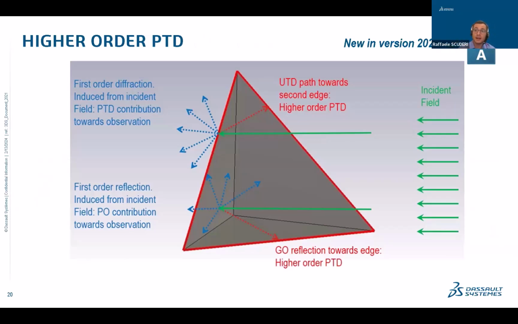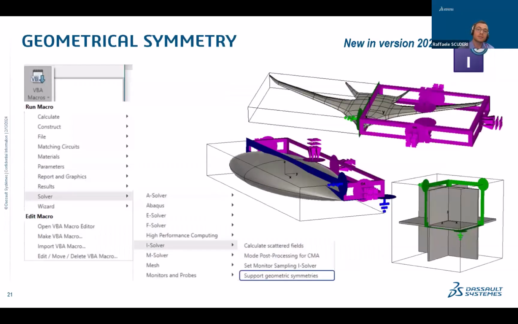PTD has always been there, but now what I'm talking about is also an improvement on the PTD, which is the higher order PTD, which means that besides the contribution from edges and wedges that are directly illuminated by a plane wave or by our electromagnetic source, we can also include the diffraction generated by rays reflected by the patches, for example, or diffracted by UTD rays. Okay, that's also a very nice improvement in terms of accuracy and capability to catch the right behavior.